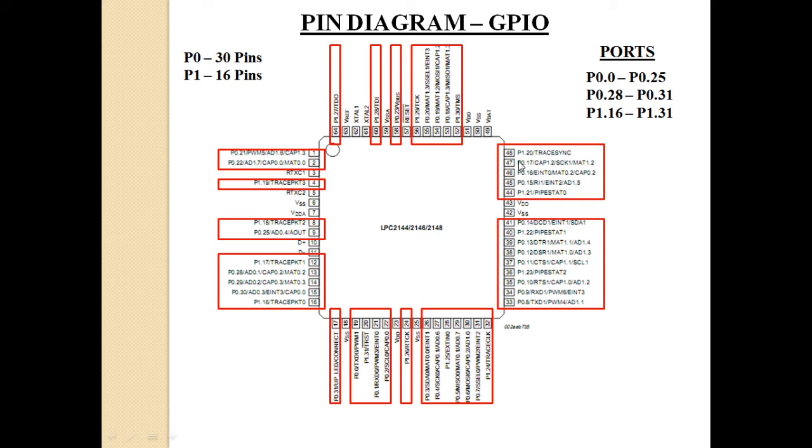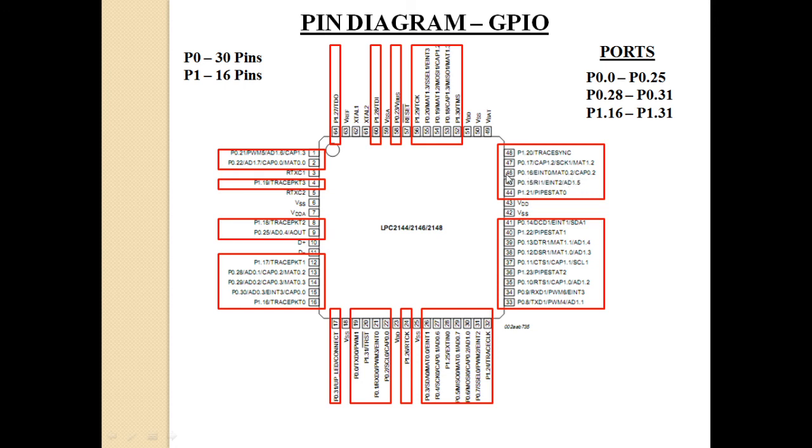You can see that each pin is written like, for example, let us take P1.16 slash EINT0 slash MAT0 slash CAP0. What do you mean by that? Each pin is given multiple functionality.